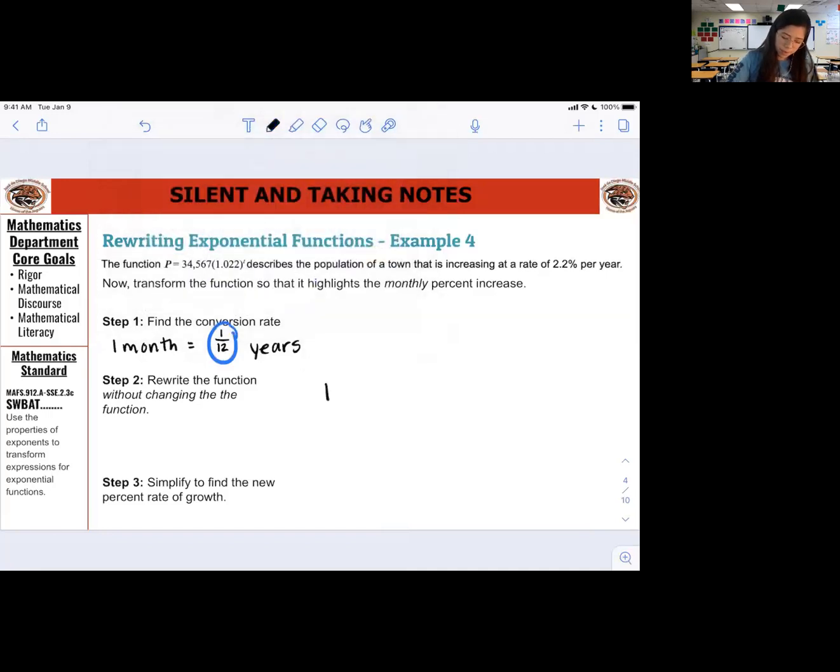So now P equals 34,567 times 1.022. I'm just going to keep the original one. Now I'll plug in my 1 over 12.